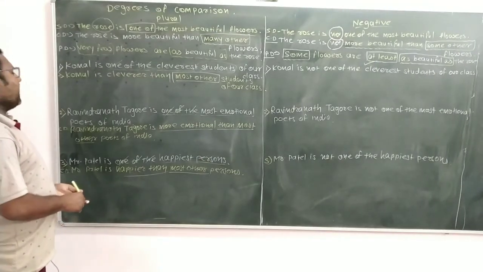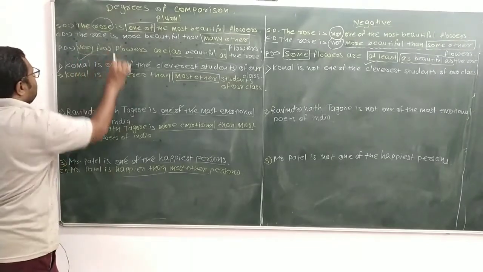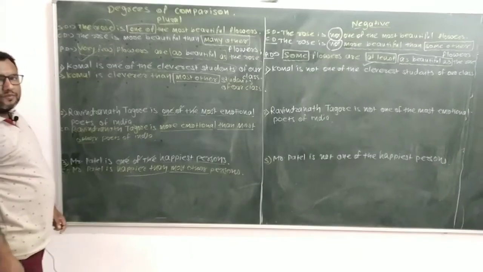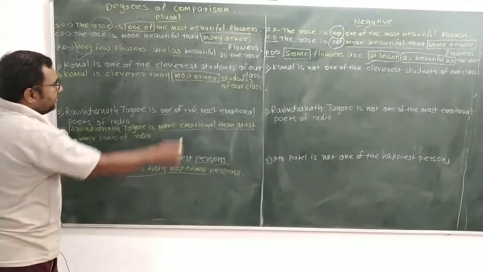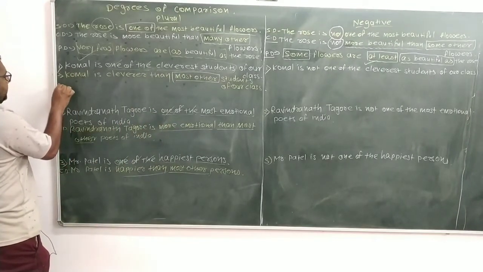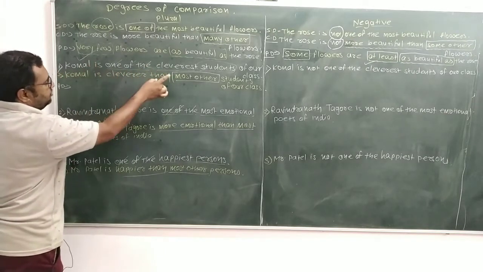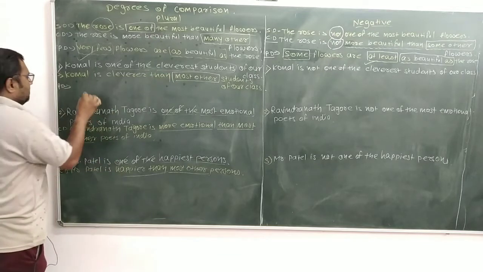Now we are going to make the positive degree. So you can see that first of all, we have to write "very few" and a plural noun. So, positive degree. Komal is one of the cleverest students. What is Komal? The students of our class.